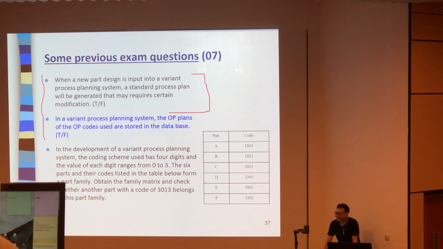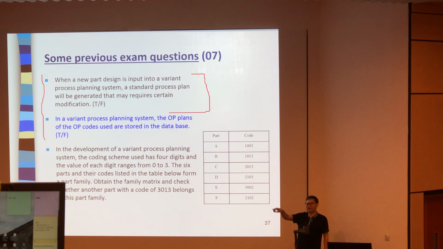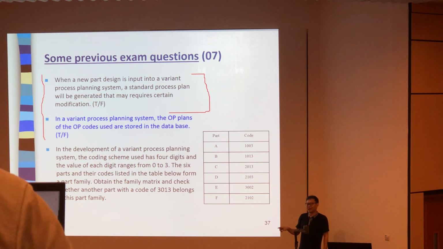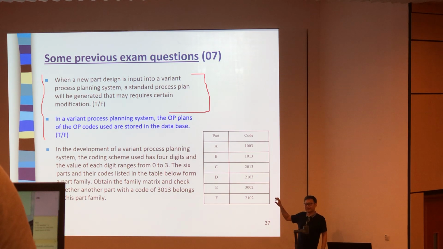True. Okay. Any different opinion? Okay. This one actually sounds true. If you look at the diagram, it sounds true. But then I did mention you have two scenarios, right? Most likely for the new part, we will identify a part family it belongs to.